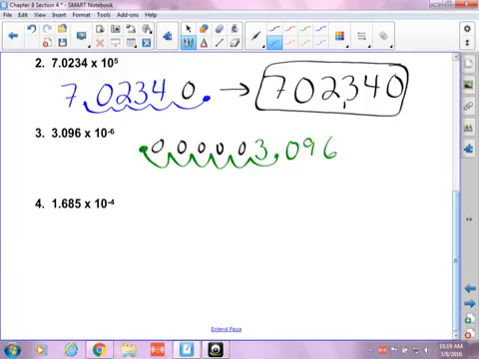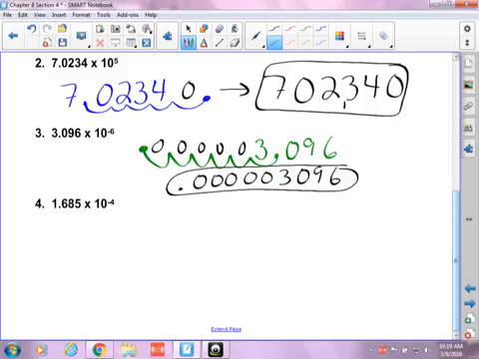So it's going to be point 0, 0, 0, 0, 0, 3, 0, 9, 6. And if you do the little loopy things like I did and you have two decimals, then you need to rewrite your answer. A lot of times they'll put a 0 in front.